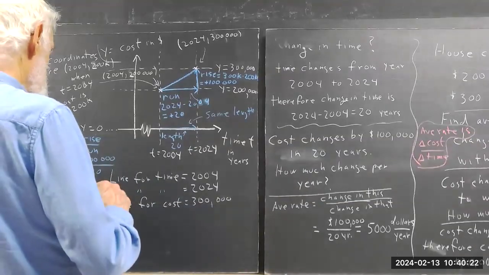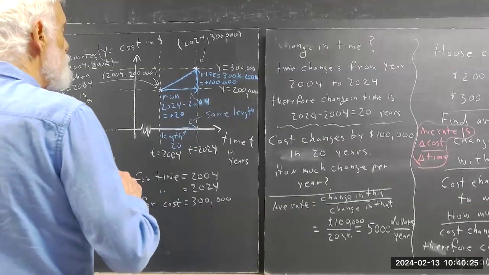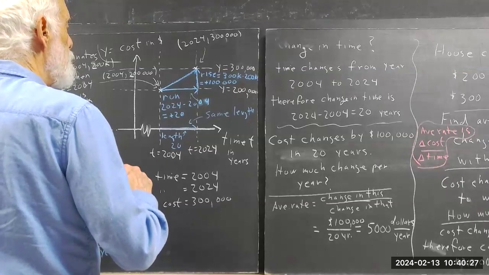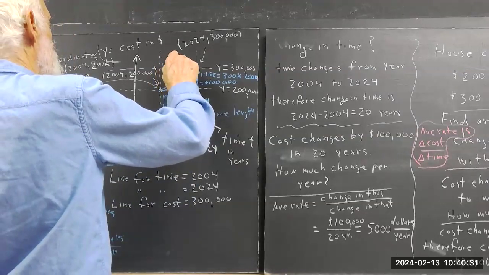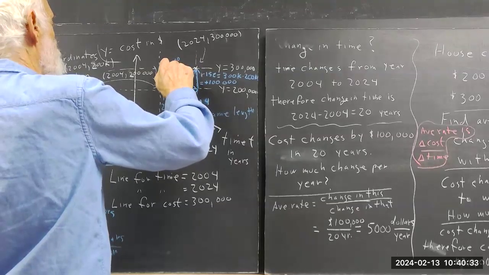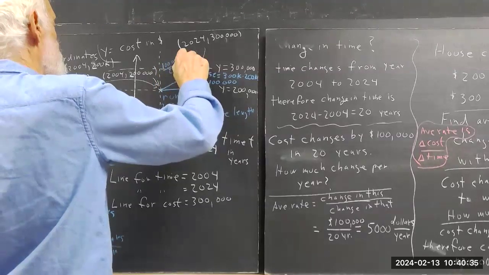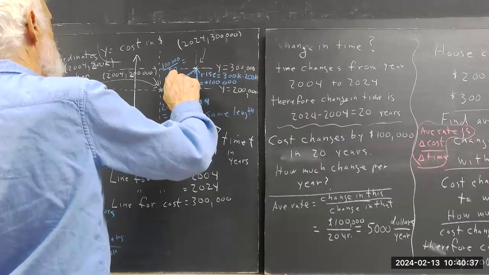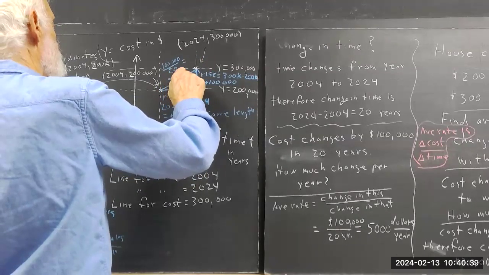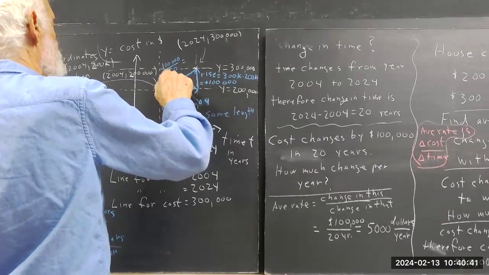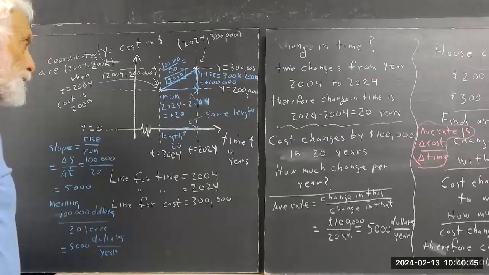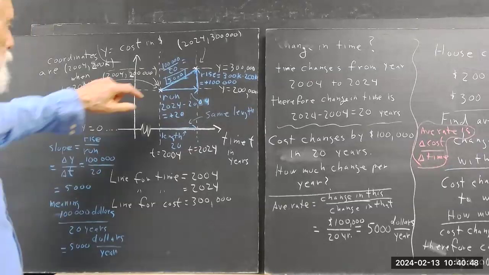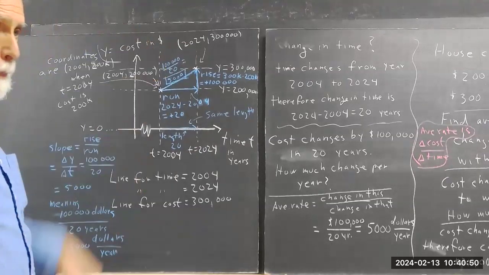But we are going to say $100,000 over 20 here equals $5,000, and we put a rectangular box around that to indicate that it's not a length, it's a slope.